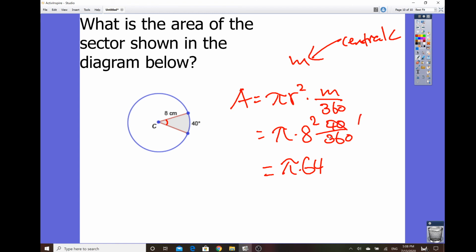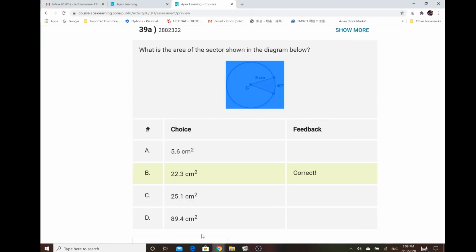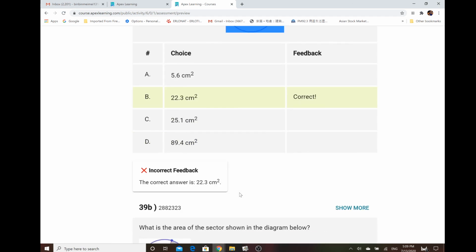This can be reduced down to 1 over 9, because 40 times 9 is 360. The rest you can do on the calculator. Round it to 1 decimal place. So eventually it's 22.3 square centimeters, because that's the area, 2-dimensional.